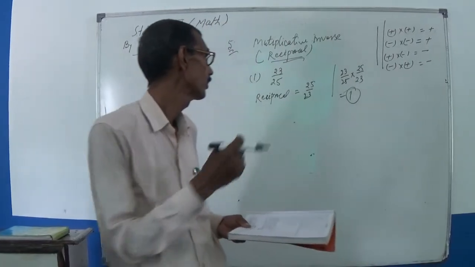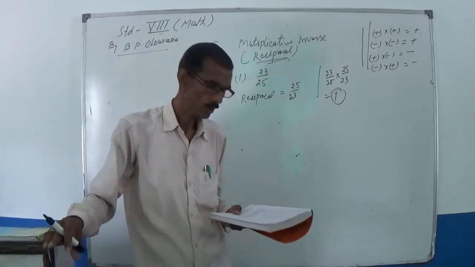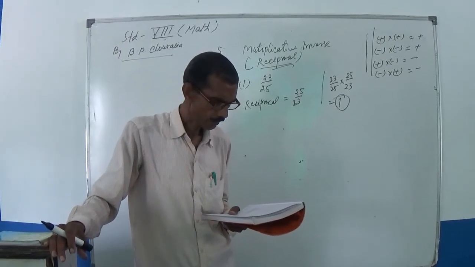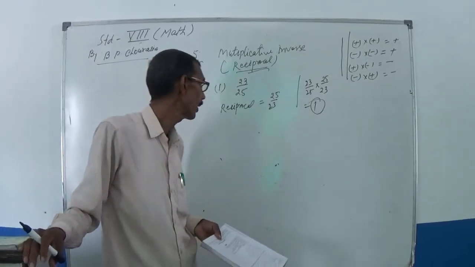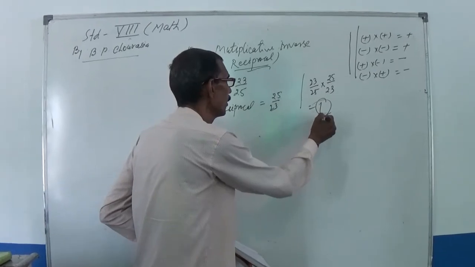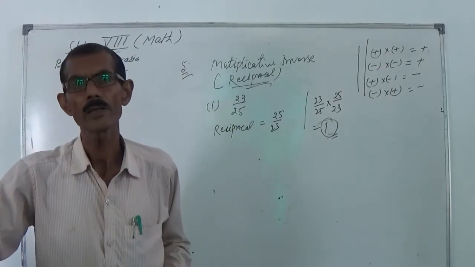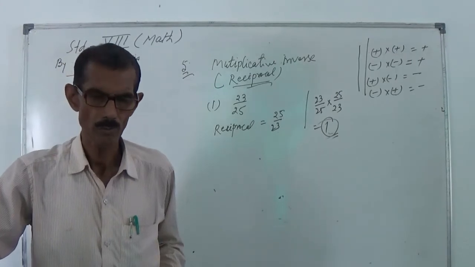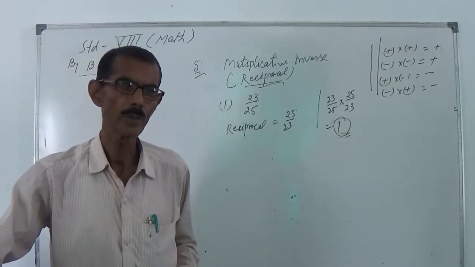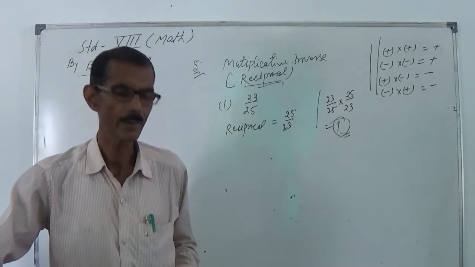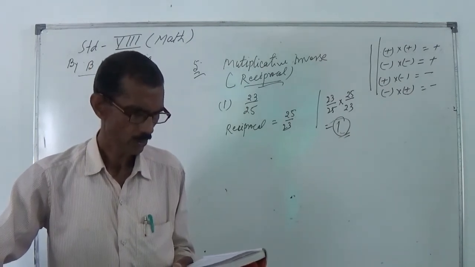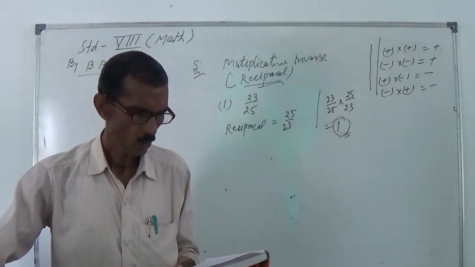You have learned about the reciprocal of a given rational number, and their product is always unity, multiplicative identity, that is 1. 0 has no reciprocal.